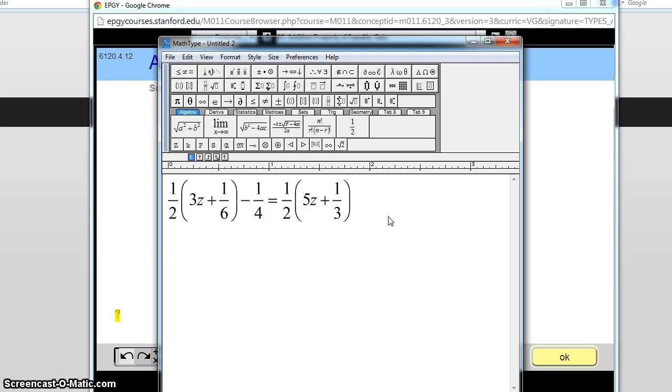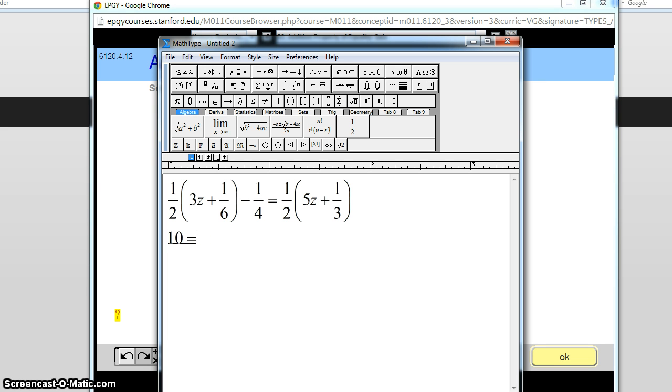Now, there's also another trick we could do. If you notice that there's 1/2 in front of each, well, because it's on each side of the equal sign, remember when you have an equal sign, you can do 5 equals 5. And if you multiply one side by 2, you have to multiply the other side by 2 so they stay the same. If we multiplied 5 by 2, we'd get 10.